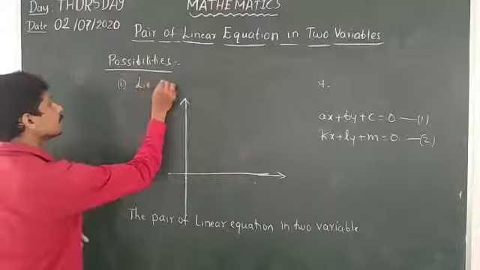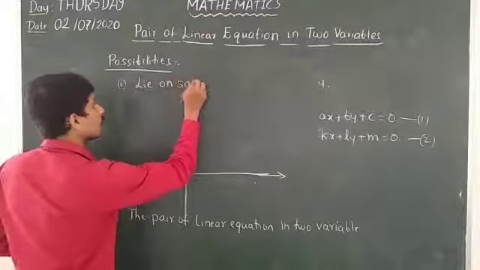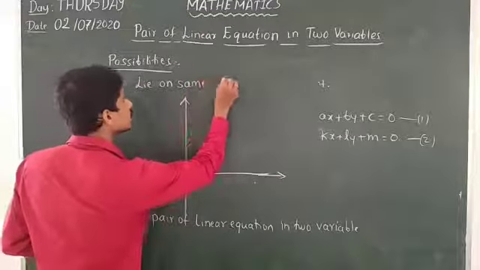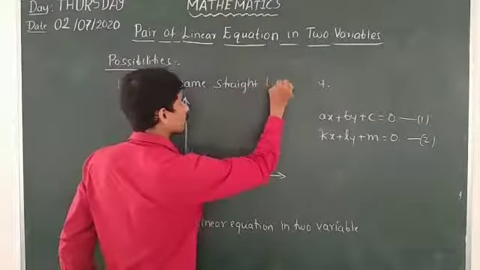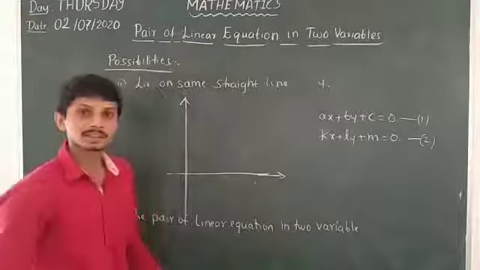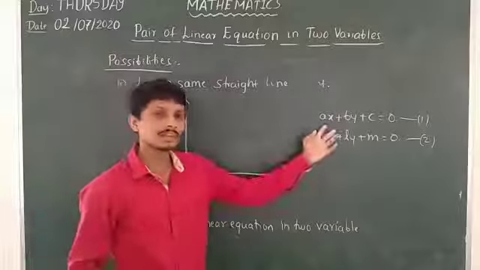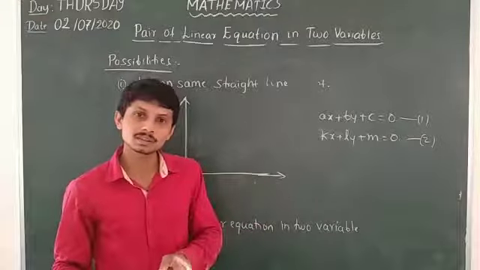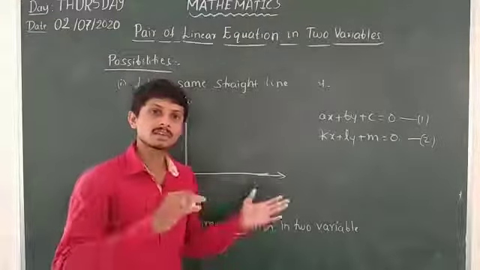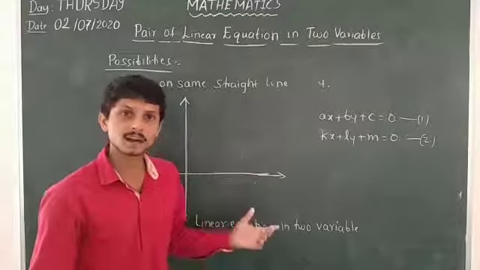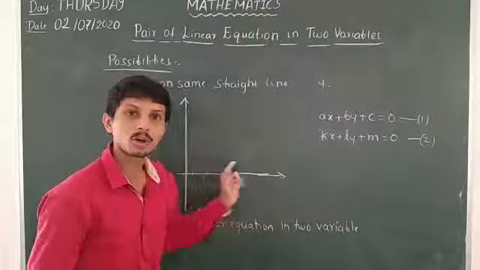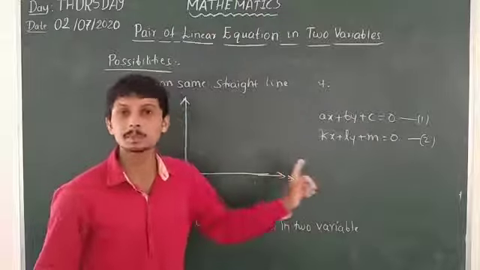The lines lie on the same straight line. Here I will take all the solutions of the equation and represent them on the coordinate system. After that I will draw the straight line, joining all the points.